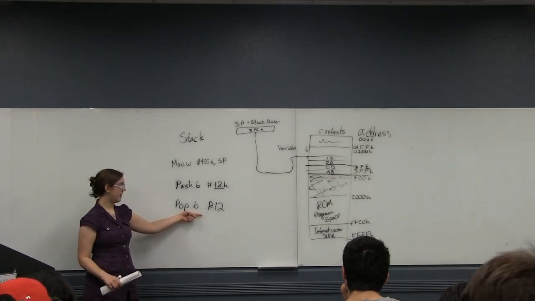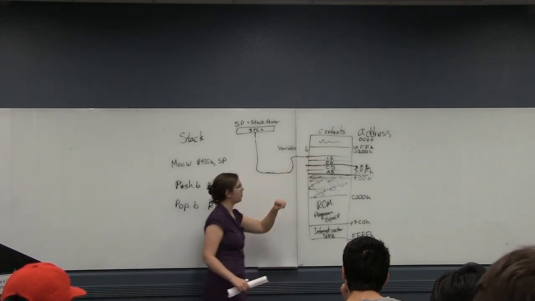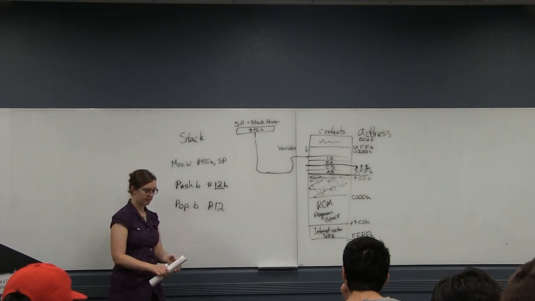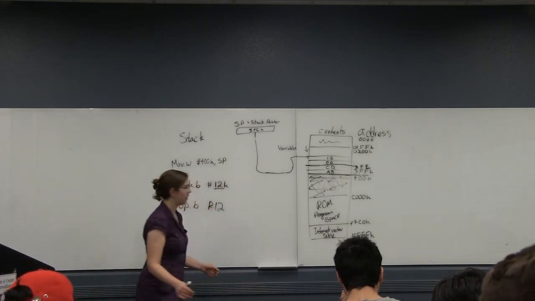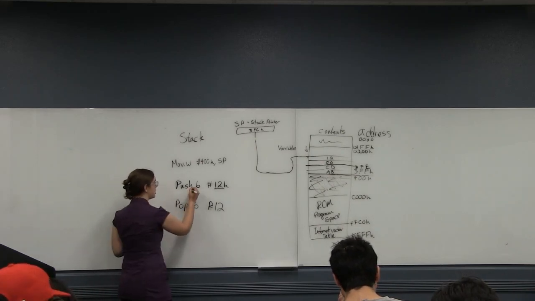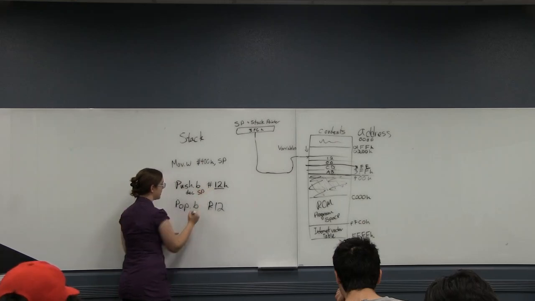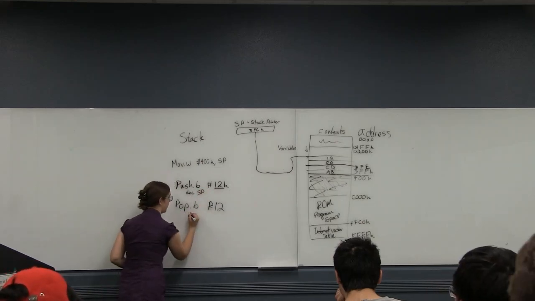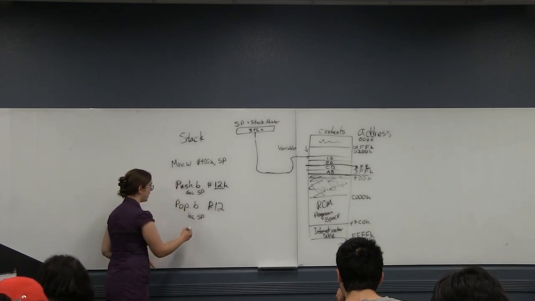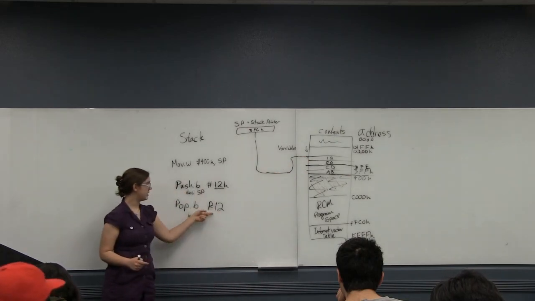So say for example we have this pop byte, that would still take 2, even though it's a byte. How a pop works is the push decrements the stack pointer, the pop increments the stack pointer, and then it puts whatever was in the stack into its destination.